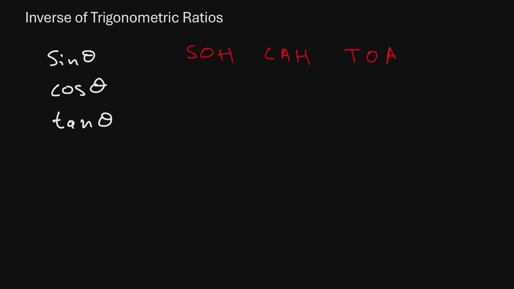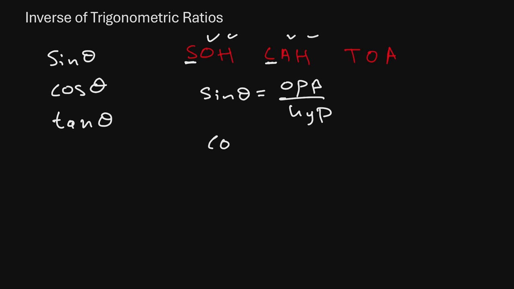So we know if you are looking for the ratio of sin theta, S stands for sin, and then we have opposite over hypotenuse. So sin theta will be opposite over hypotenuse. And if you're looking for cos, C stands for cos, and then we have adjacent over hypotenuse.